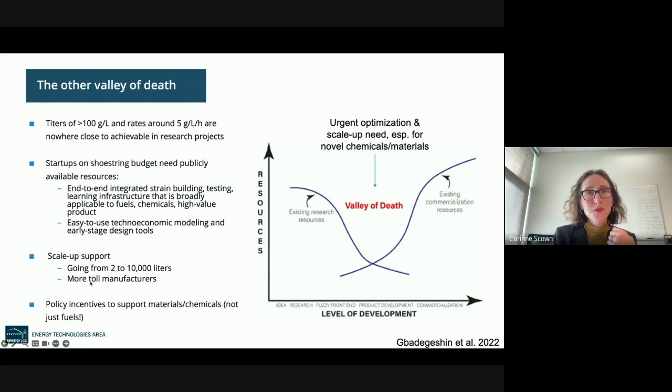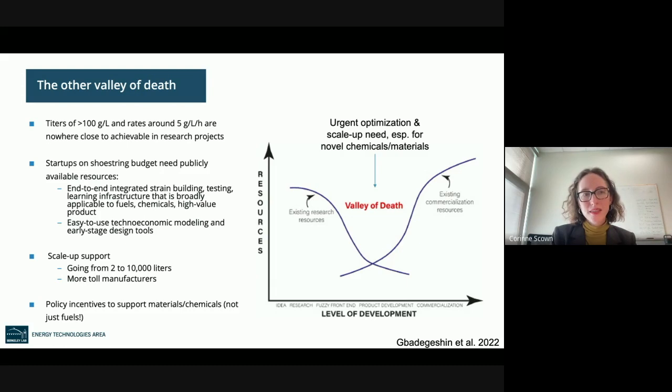One of the things we've noticed that's come out of our analyses and our experiences working with the folks who are trying to move these products from the R&D stage to commercialization is that we're probably underinvesting as a country in toll manufacturing, where you go pay for somebody. You don't have enough money to build your own facility yet.